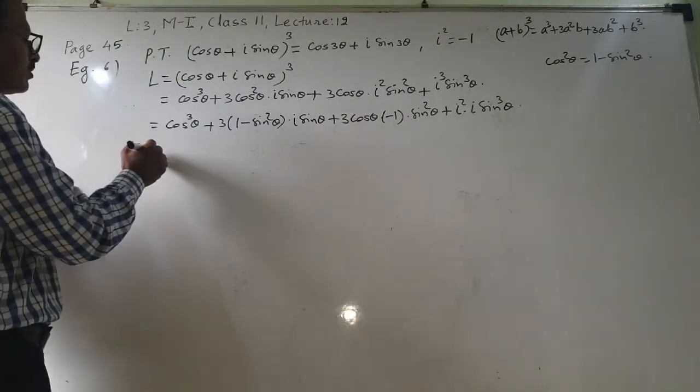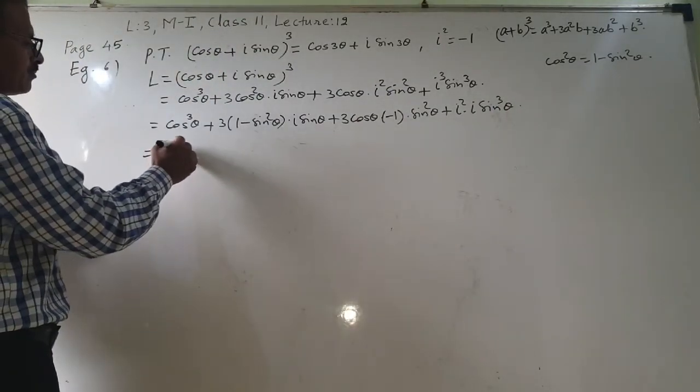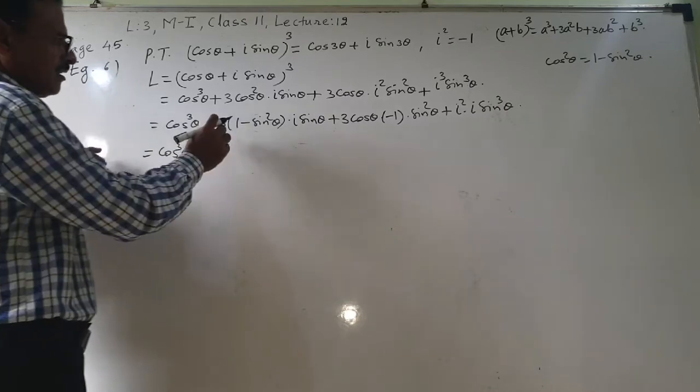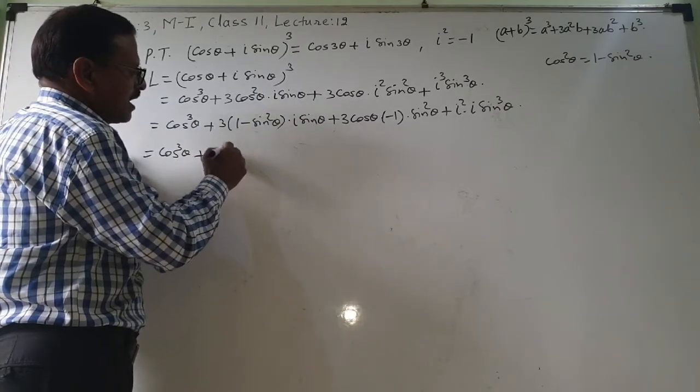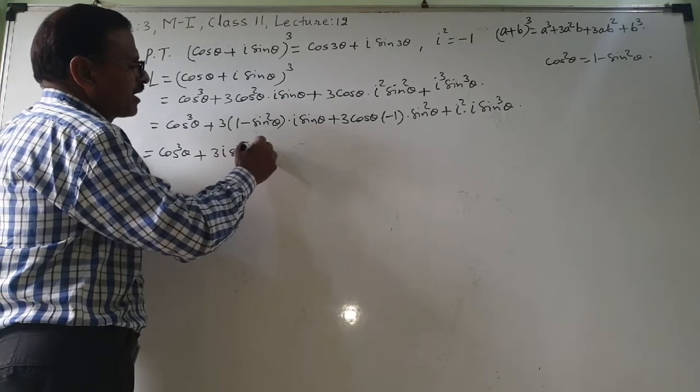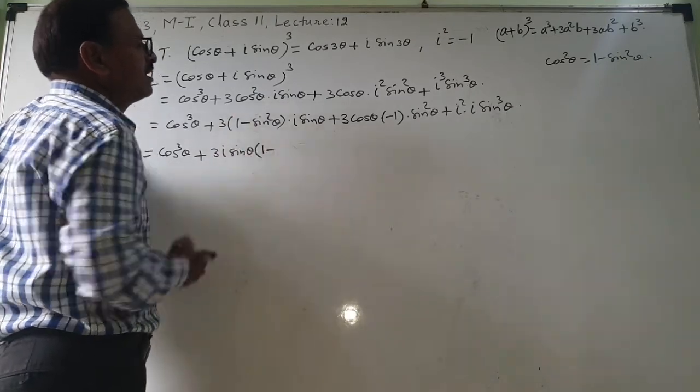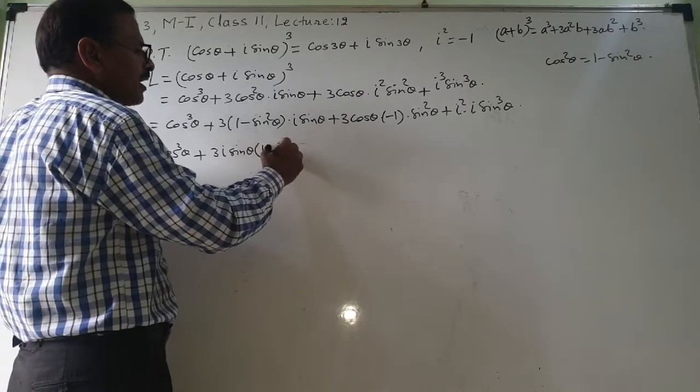So that is equal to cos cube theta plus 3 i sine theta. For multiplication this is convenient, we are in a practice like this, so I am writing that way.